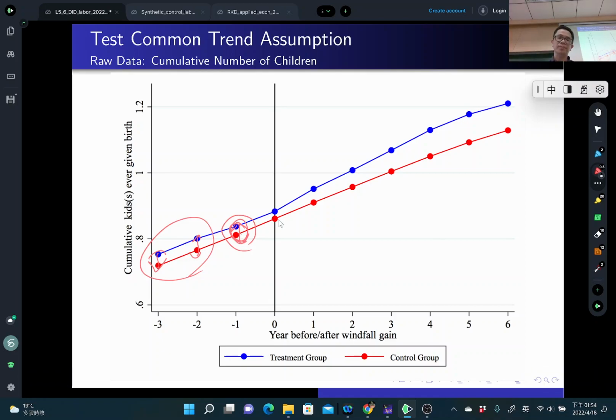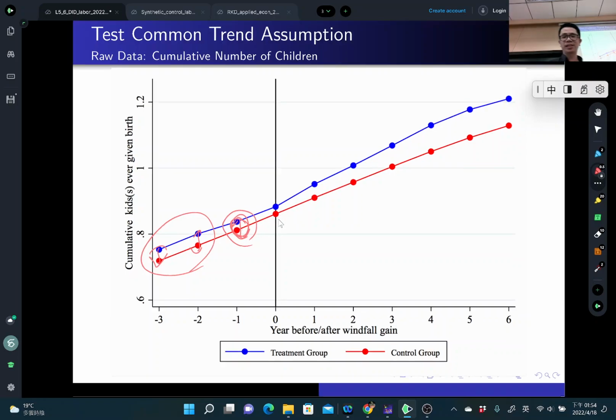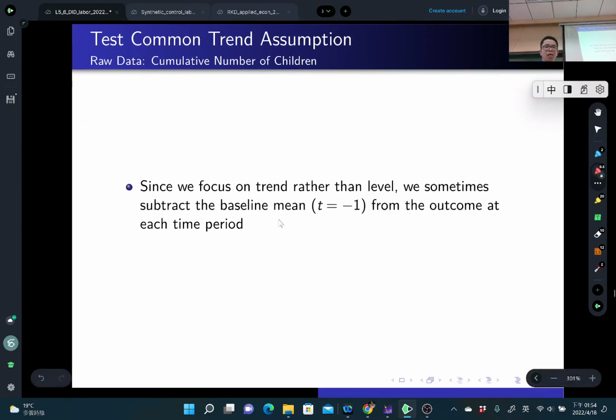Okay, and after the treatment happened, you can see the treatment group's number of children slightly increases. The gap becomes bigger, and usually we will subtract the baseline difference to let you see this pattern more obviously.